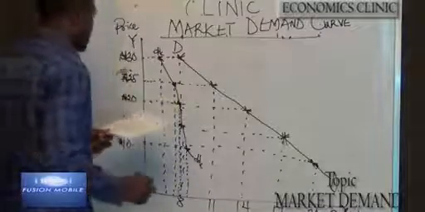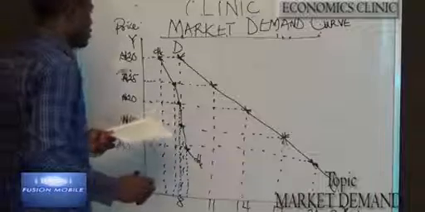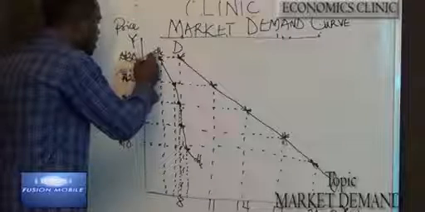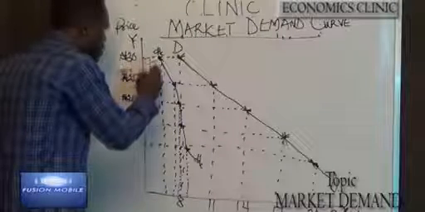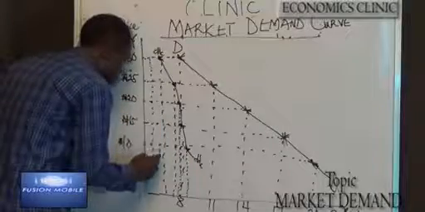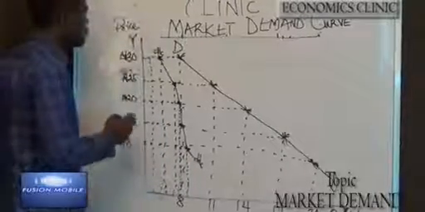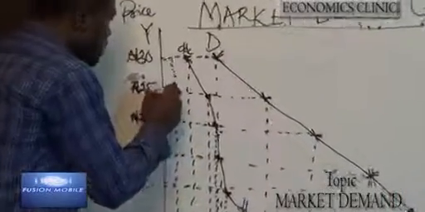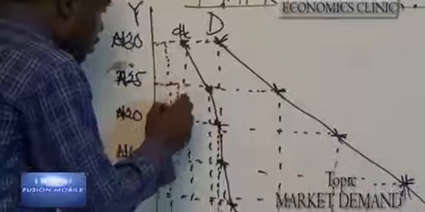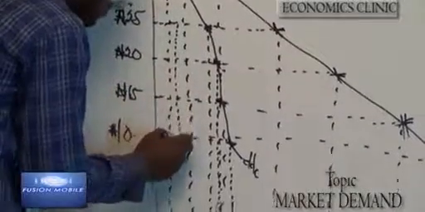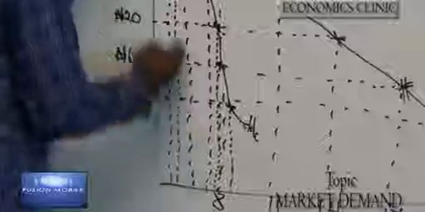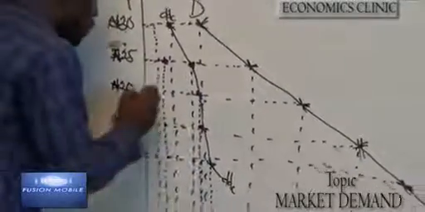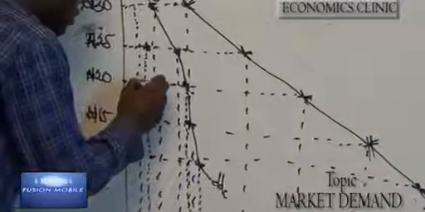For quantity B, we can equally do the same. At 30 naira, 2 quantity is demanded, which can be around this place, before 8. At 25 naira, we have 3 quantity demanded, which can be here. At 20 naira, 4 of the commodities were demanded.